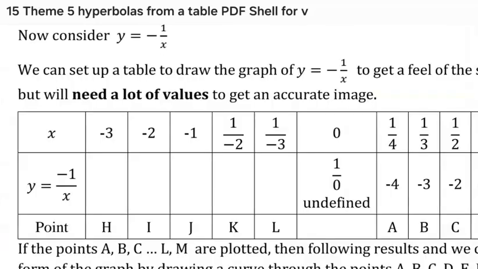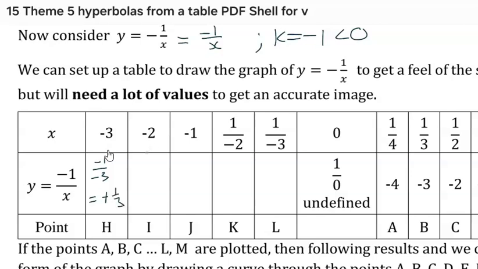In this case, we can also write y equal to minus 1 over x. So the k value is equal to minus 1, which is less than 0. The fractions will be similar, except that if I have now minus 1 divided by minus 3, I will get plus a third as the answer.